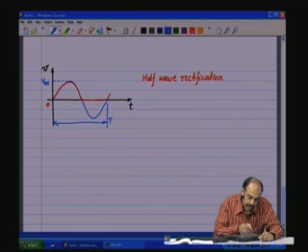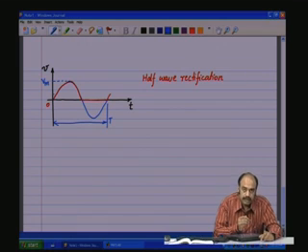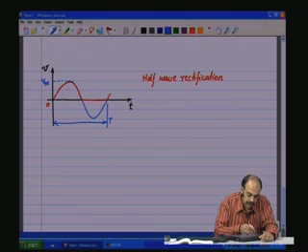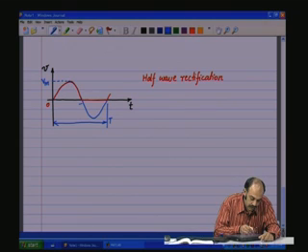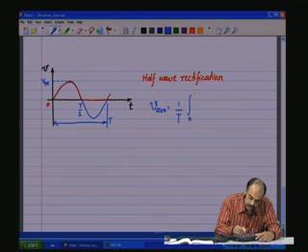So, in the whole period it is 0 for half the time and it is having an area only from 0 to T by 2. Of course, one could find V average which is equal to 1 by T, which is the base, into the area which is 0 to T by 2 Vm sin omega t dt.